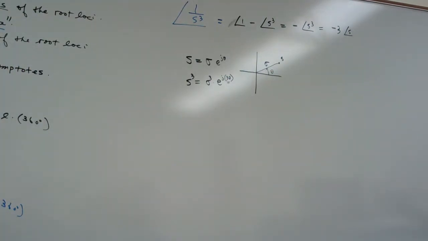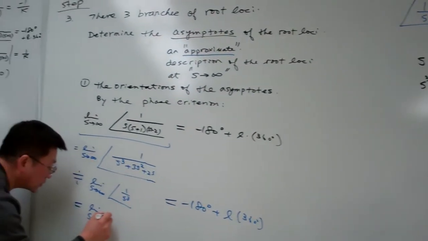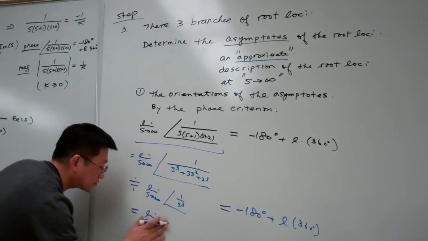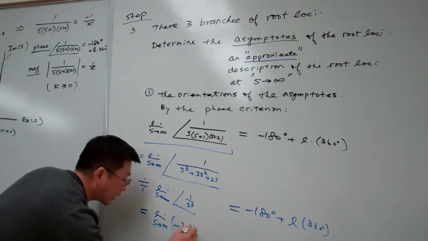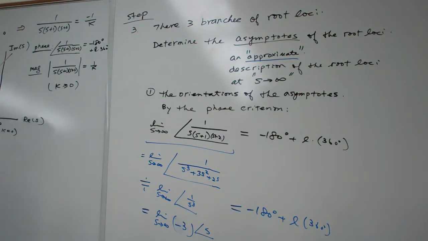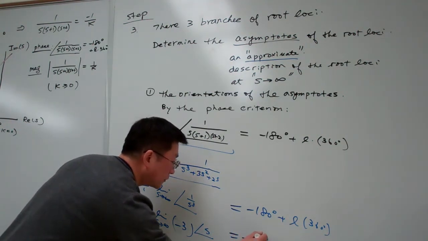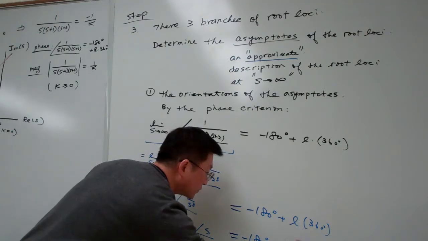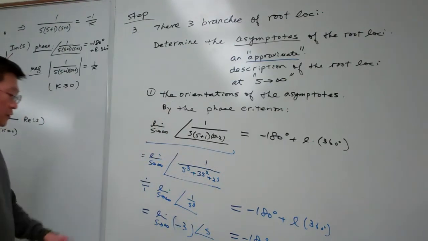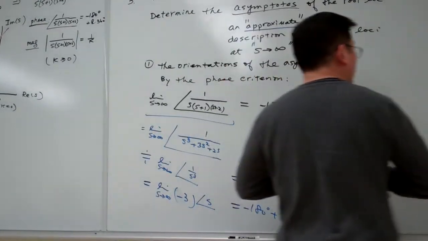So in this case, this is the limit as s approaches infinity of minus 3 times this angle of S, okay? And this is equal to minus 180 plus L times 360 degrees. So again, let me continue the calculation here.